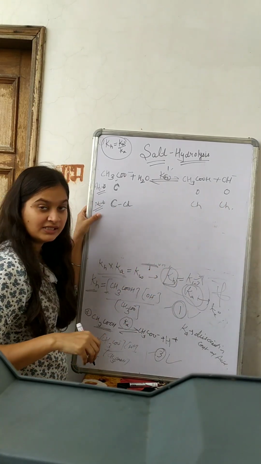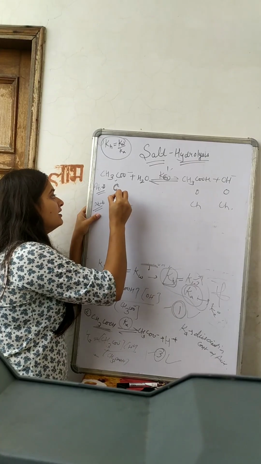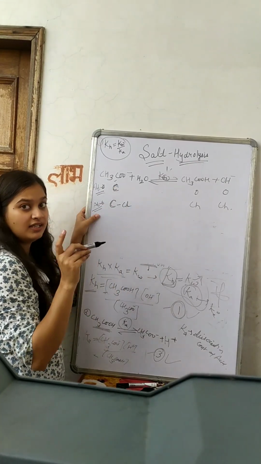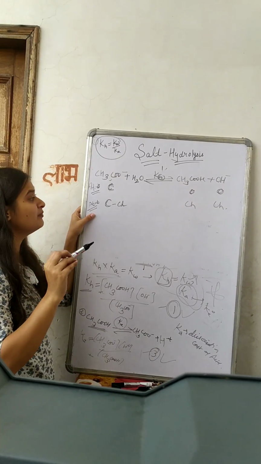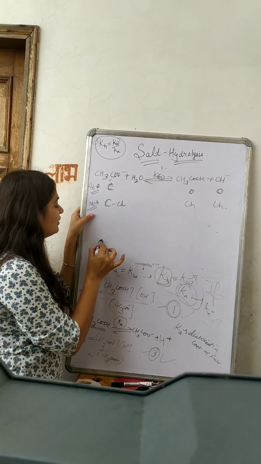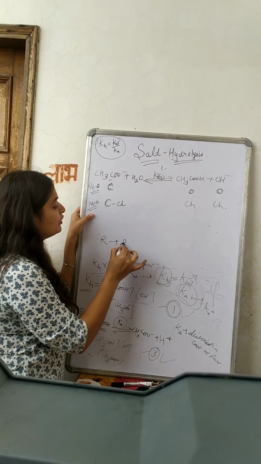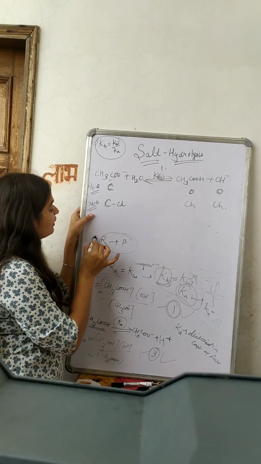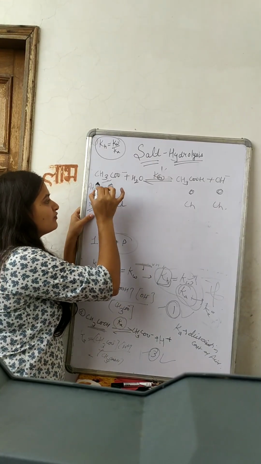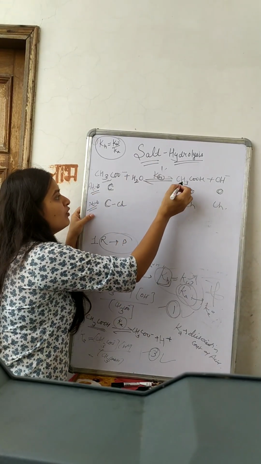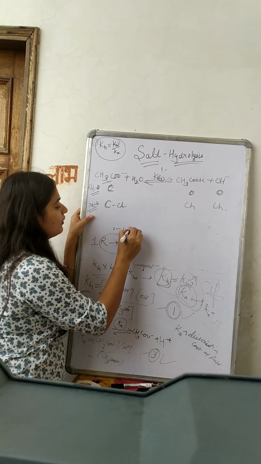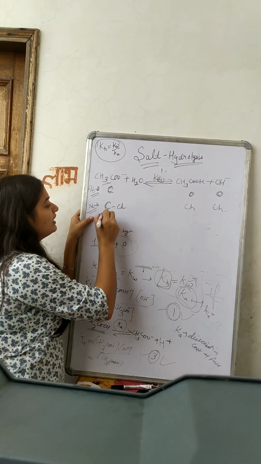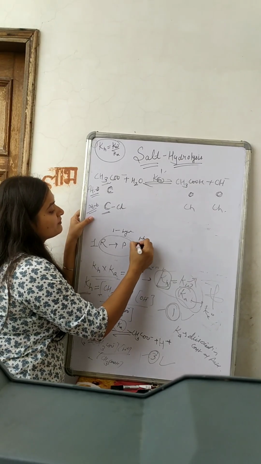What does that mean? In the starting, the concentration of the reactant is C and the product does not form, 0, 0. At some time, some of the reactant is converted into product. So 1 mole of this ion of salt gives 1 mole of weak acid. That means 1 mole undergoes hydrolysis. So what is left over here? 1 minus h.